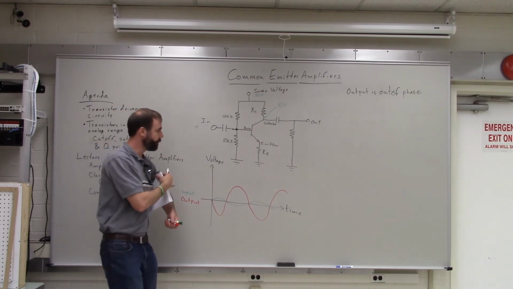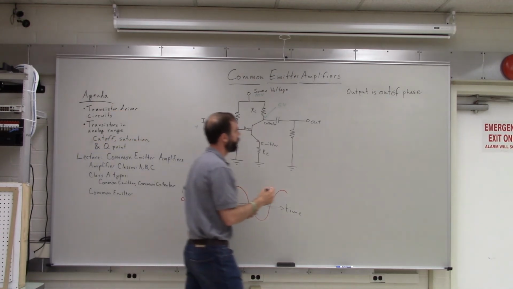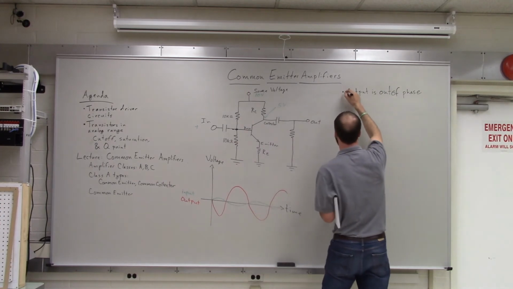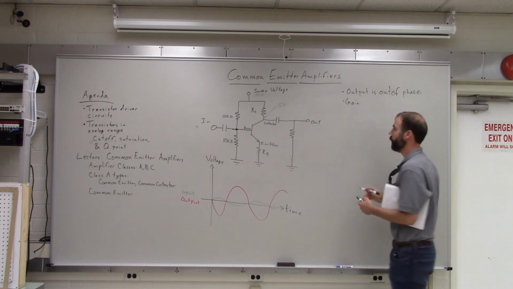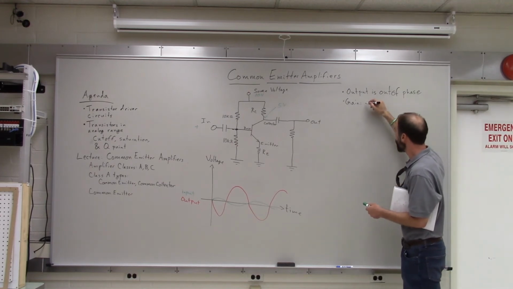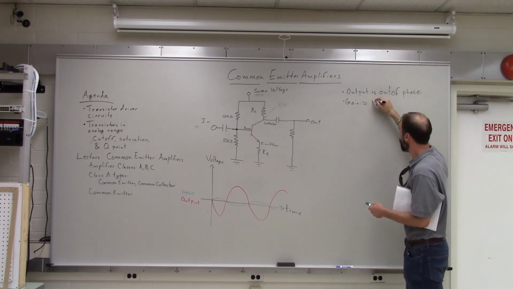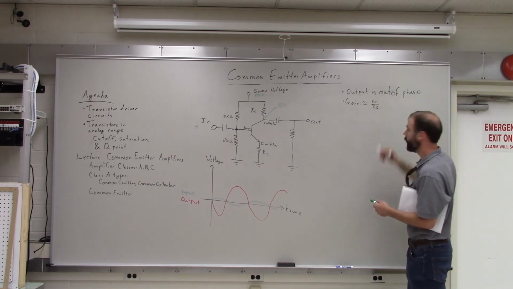And the gain for the amplifier is approximately RC divided by RE.